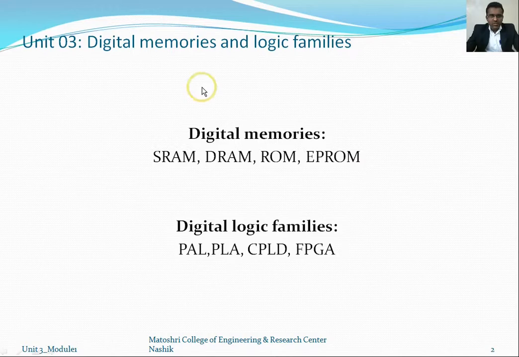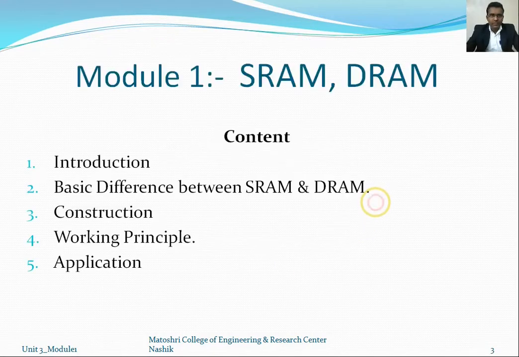In digital memories we study SRAM, DRAM, ROM and EPROM, and in the digital logic families we see PAL, PLA, CPLD and FPGA. During the upcoming modules we have to cover all the digital memories and digital logic families.